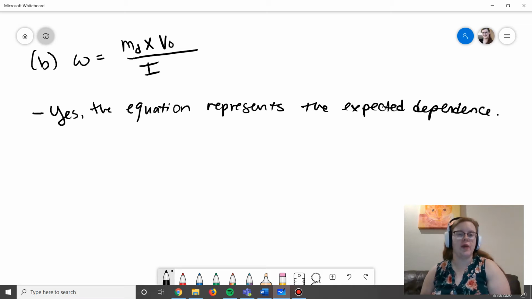And here's why. We have the mass of the disk, we have our position, and we have our initial velocity. All of these are directly proportional to omega.